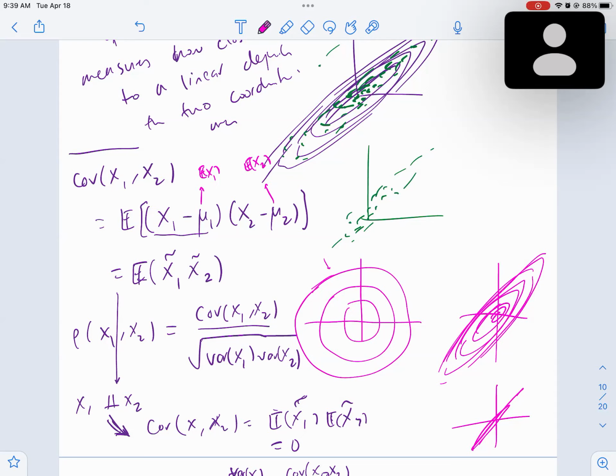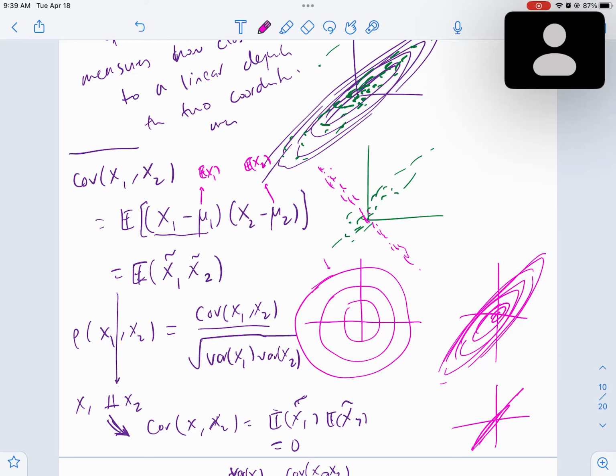If they vary together very close to a line, like the xy line in the xy plane, this would be positive. If they vary close to a line but in the opposite direction, like the 45-degree line in the other direction, this would be very negative.